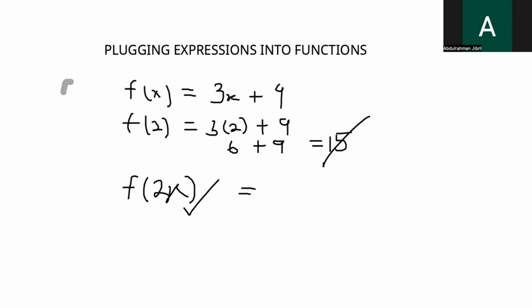It will be 3 multiplying 2x, then plus 9. Now this would be 6x plus 9.